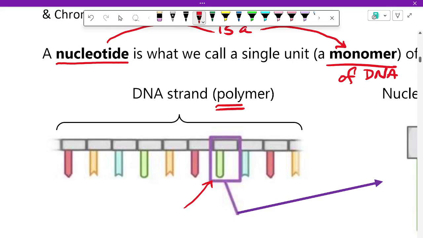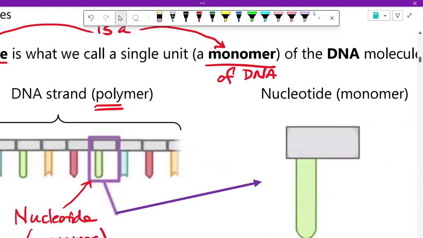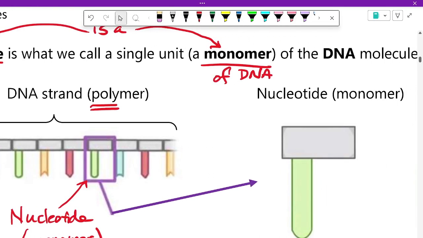That is called a nucleotide. And that is the monomer. And if we look at the nucleotide up close, you can see it's got this part that is like the side of the ladder and this part that helps make up the rung of the ladder.